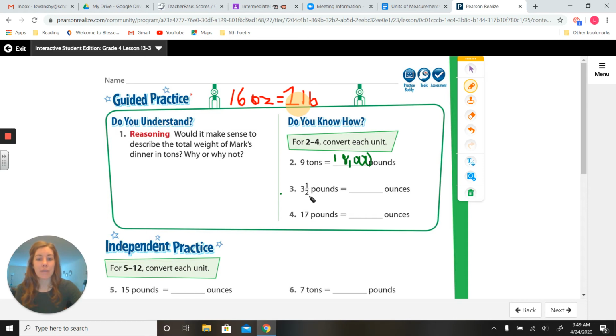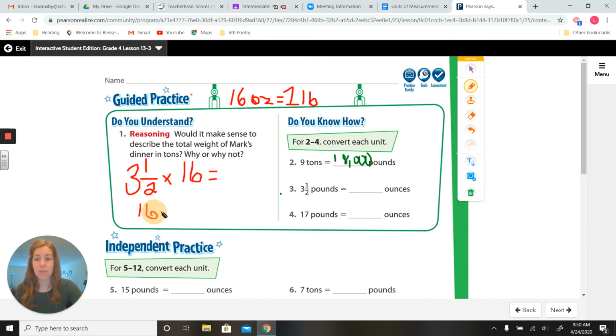So 3.5 times 16. Okay, you could just do 16 plus 16 plus another 16, and then you could do plus another 8. That's where you get your half. Half of 16 is 8.